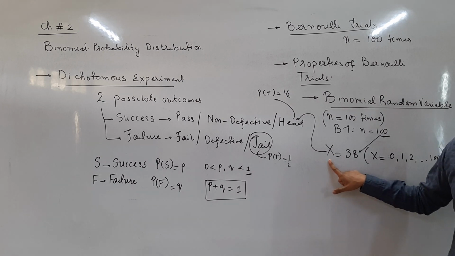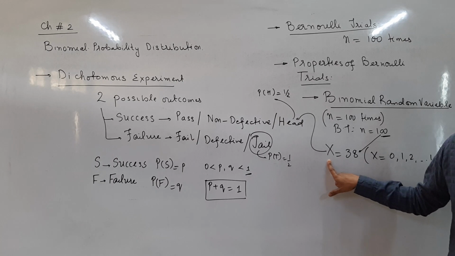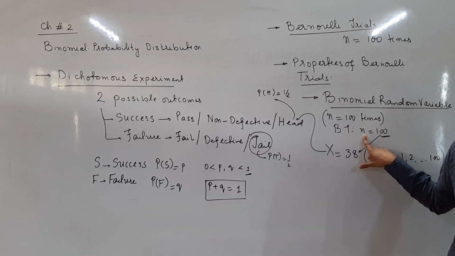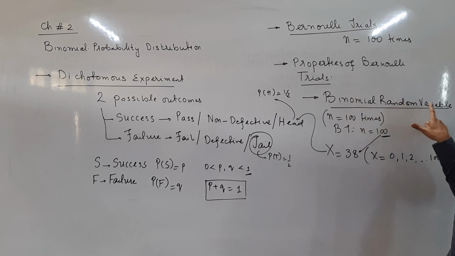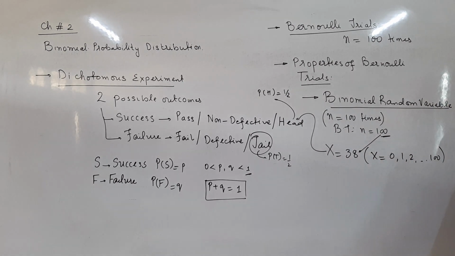So the variable x denoting the number of successes in n Bernoulli trials is called a binomial random variable, and this is discrete because it can assume only a finite or countable number of values.